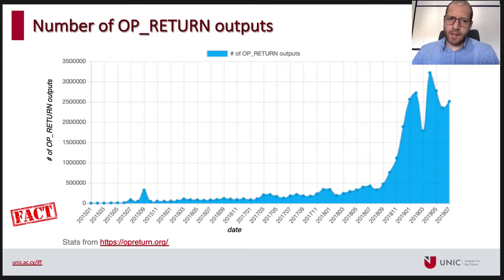This definitely shows a huge interest of the community to publish any kind of data or metadata that can be used to enable the new generation of applications on the web. For example, OP_RETURN can be used for digital asset proof of ownership, and has been used many times to convey any additional information needed to send transactions. So the second fact is that there is a significant increase in the number of OP_RETURN output transactions.